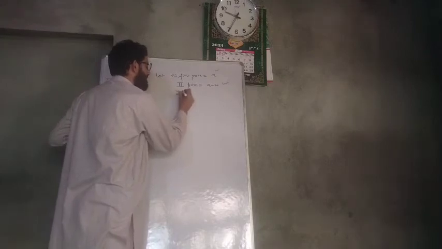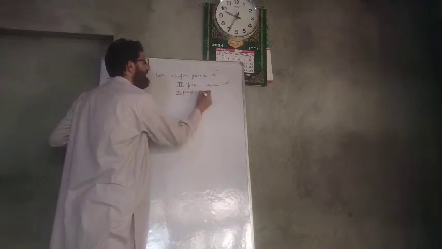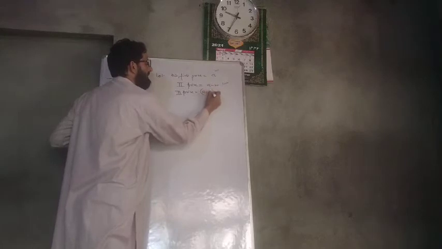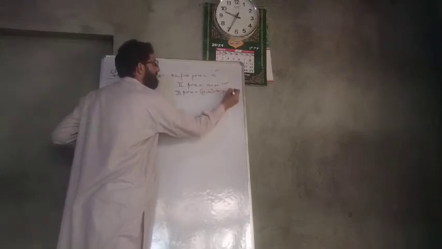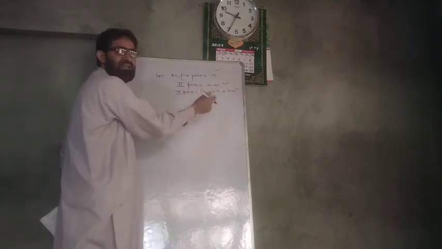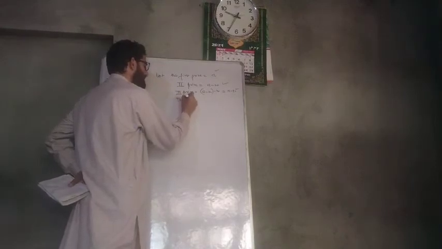And what is third prize? Third prize is A minus 20 and minus 20. This is A minus 40, obviously. And fourth prize is this A minus 40 minus 20. This is obviously A minus 60. This is the fourth prize.